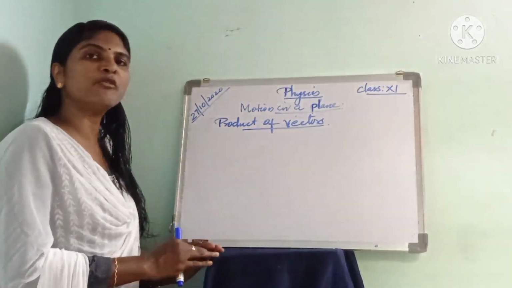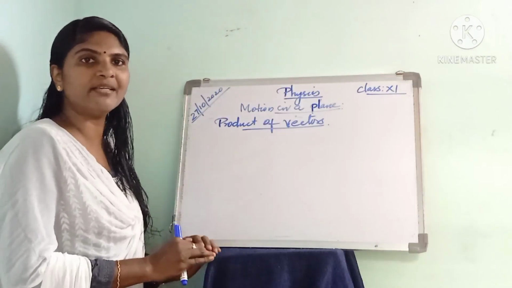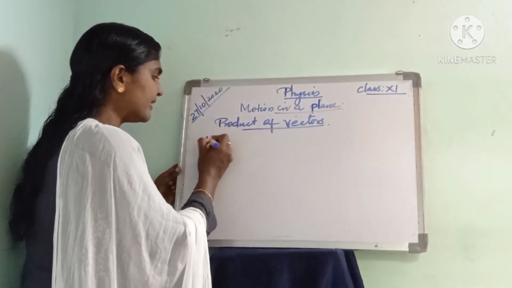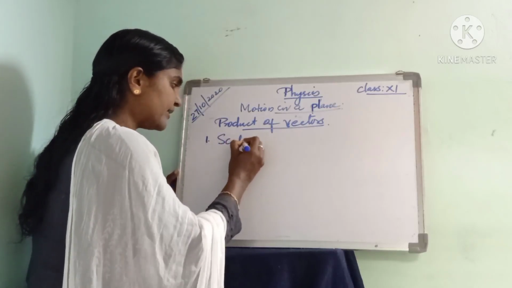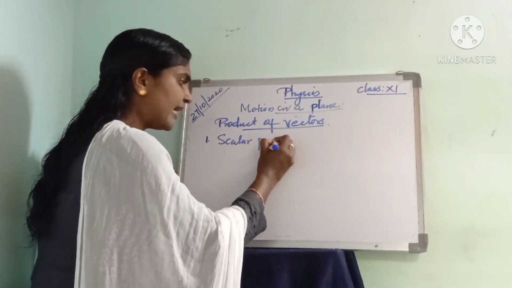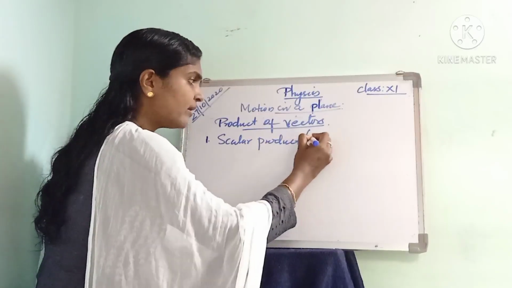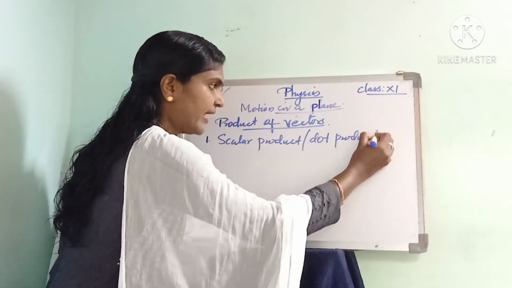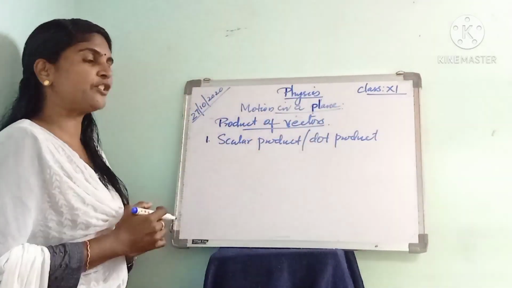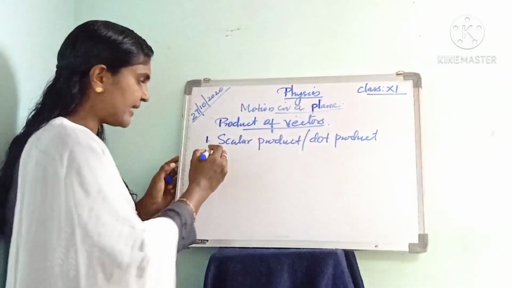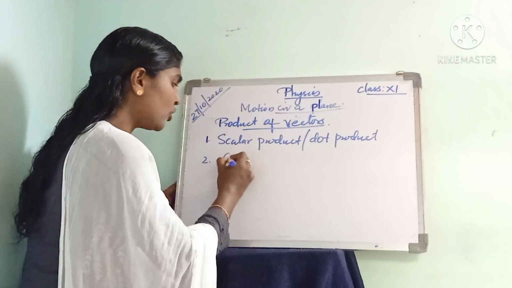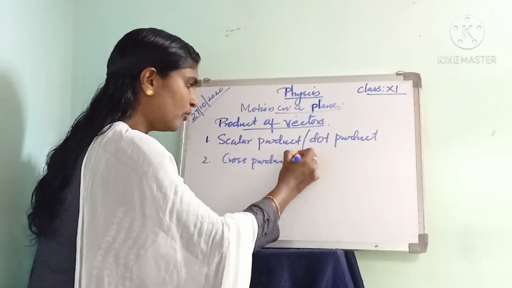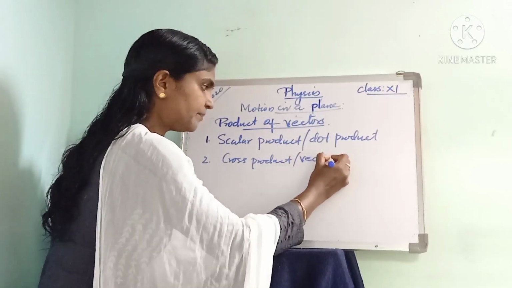The multiplication of vectors can be done in two ways. The first method is by taking the scalar product or dot product. And the second is by taking the cross product or vector product.